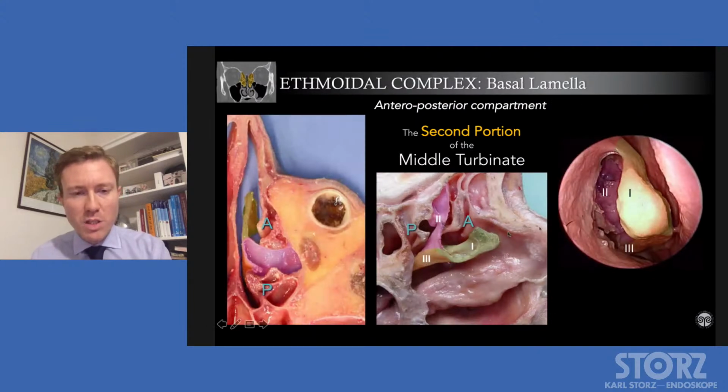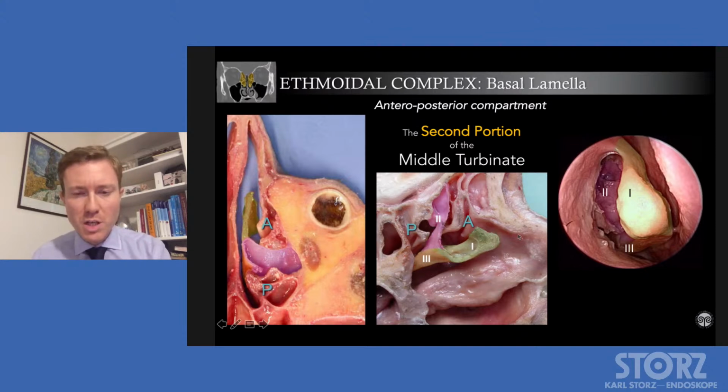Just behind the bulla ethmoidalis, we can identify the basal lamella, the second portion of the middle turbinate, dividing the anterior ethmoidal cells from the posterior ethmoidal cells, and just below, the sphenoid sinus.